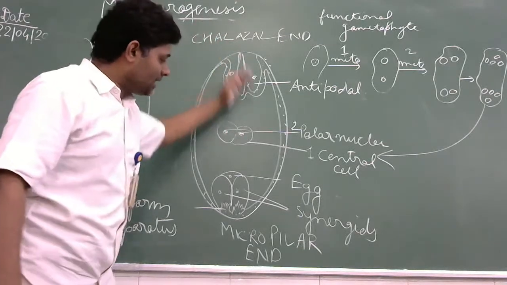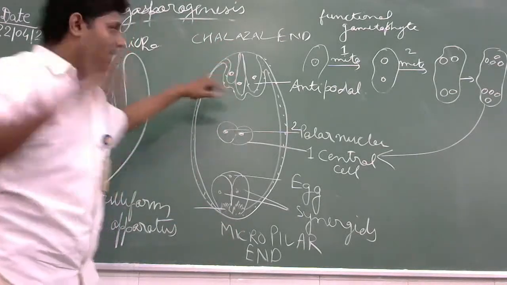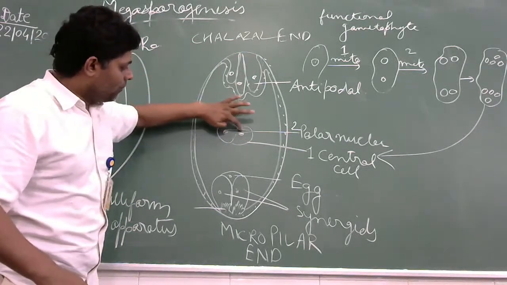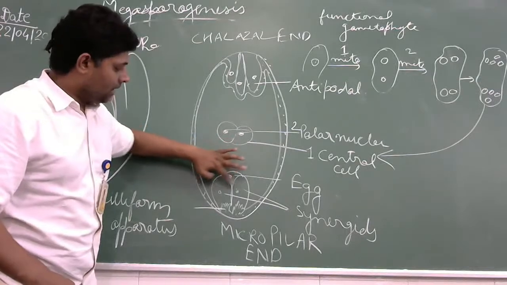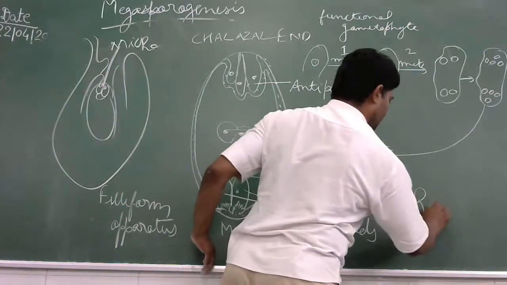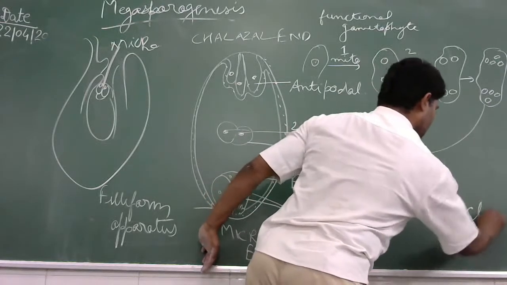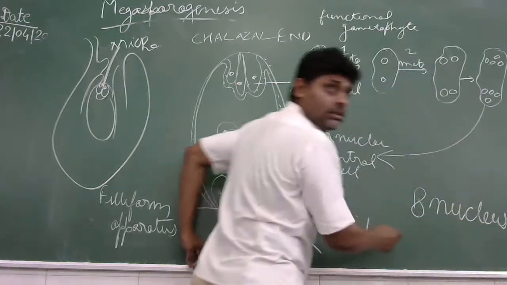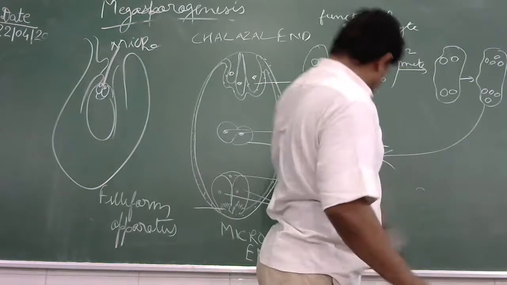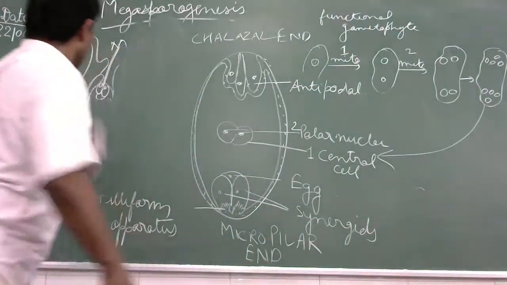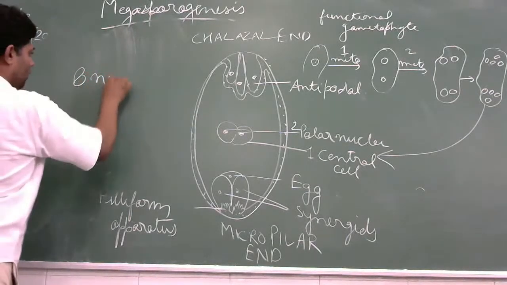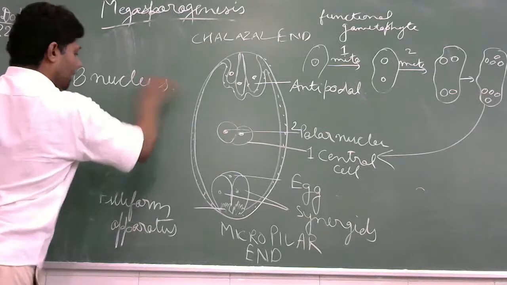So, if we look at this whole diagram, we see 1, 2, 3, 4, 5, 6, 7, 8 nuclei.